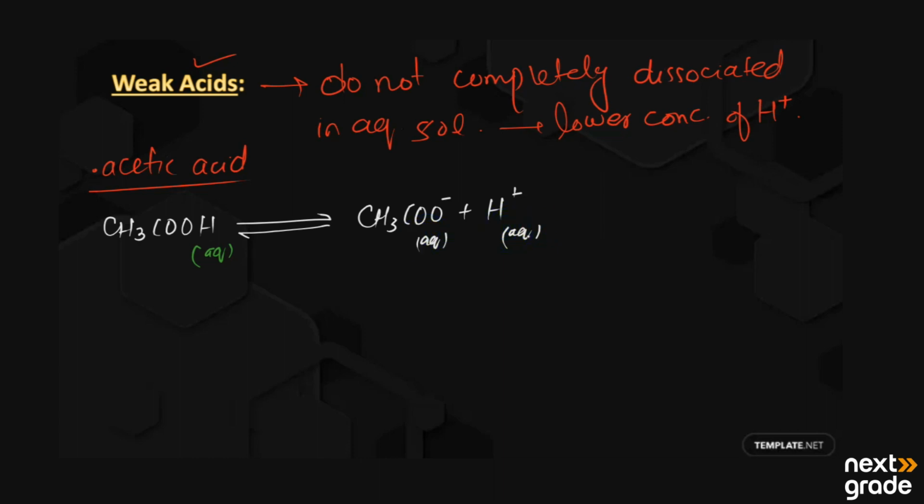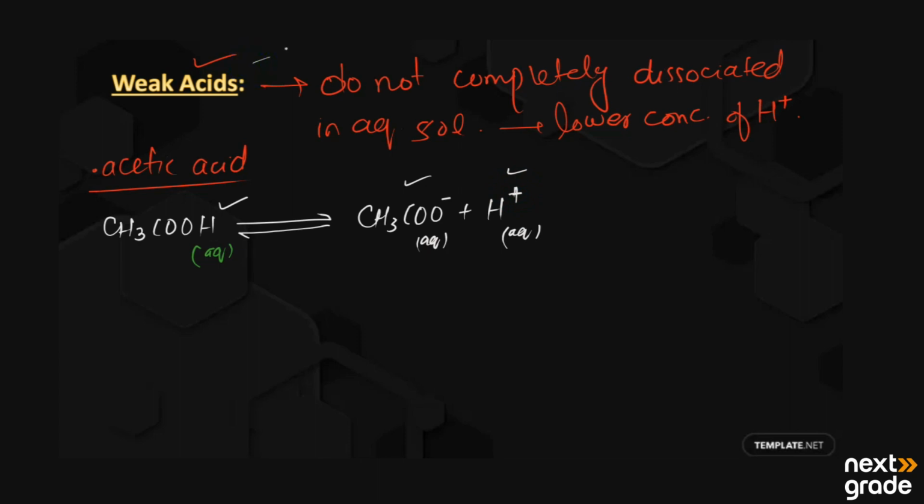So it is a weak acid, because when we add acetic acid to water, it produces very few molecules of acetate ion and hydrogen ion, or a proton. That's why it is a weak acid.